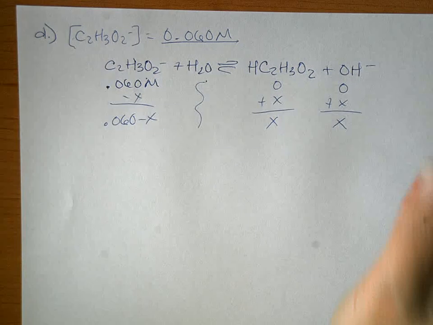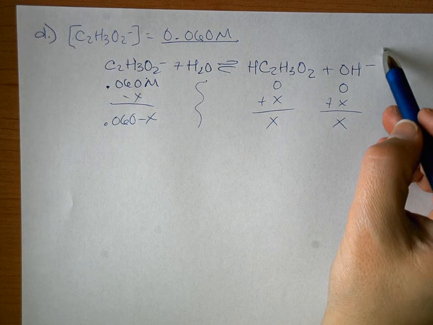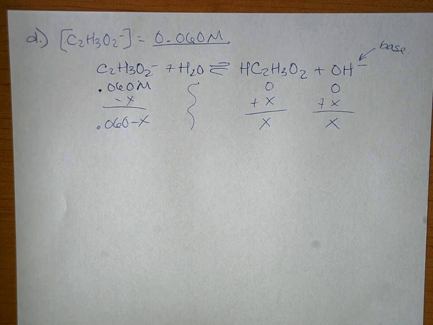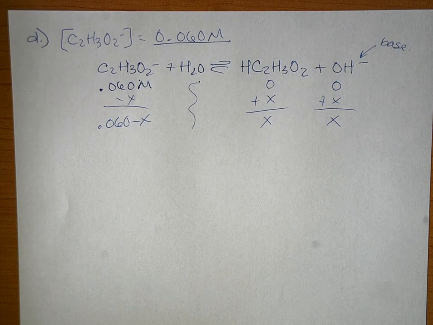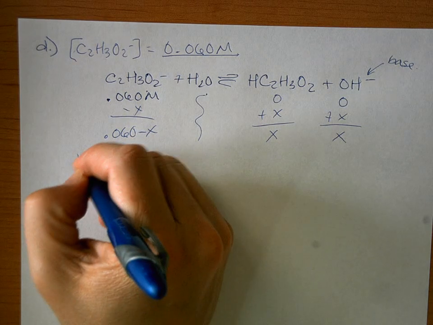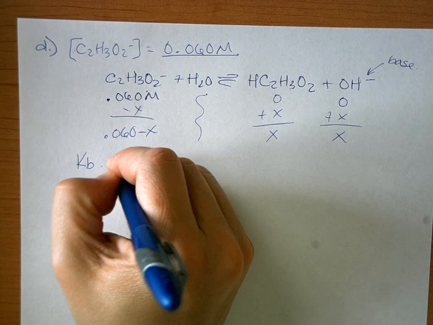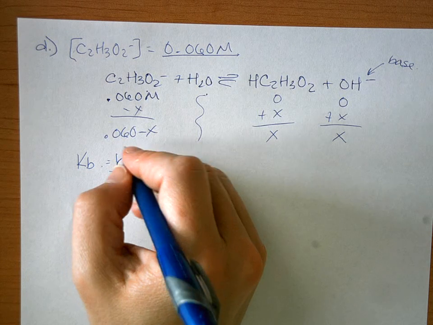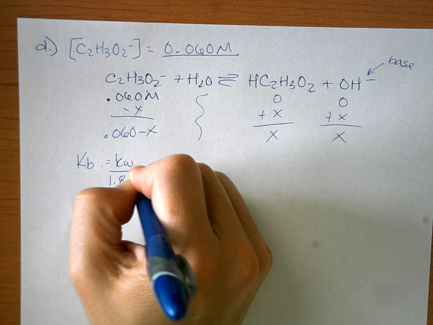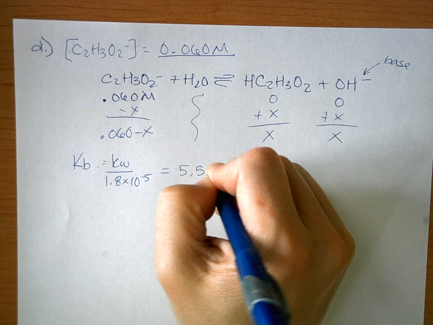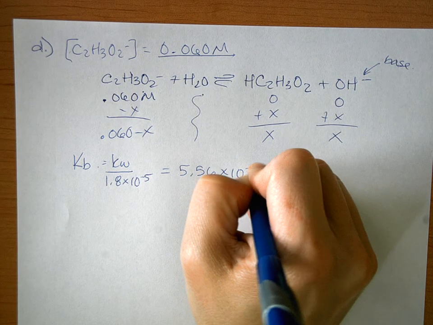Now, since I'm producing hydroxide ions over here, it's a base, which means that I need to use the Kb value. They gave us Ka, so I need to do my Kw over my Ka, which is 1.8 times 10 to the negative 5. So that gives me my Kb value, 5.56 times 10 to the negative 10.